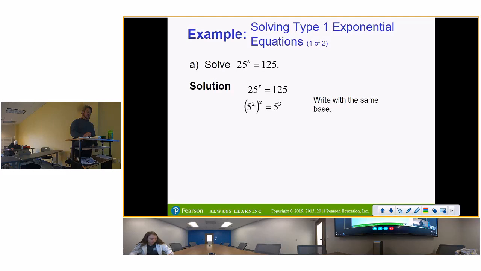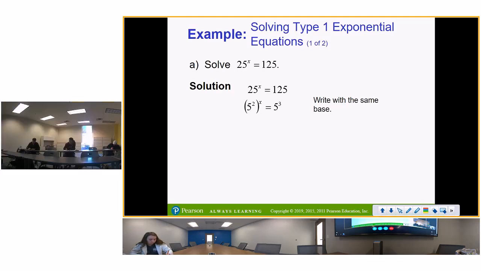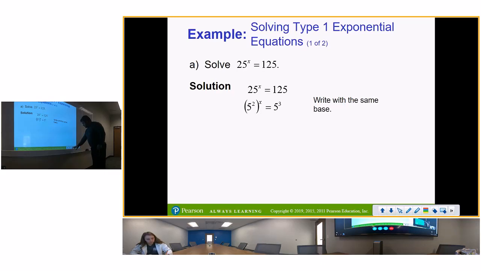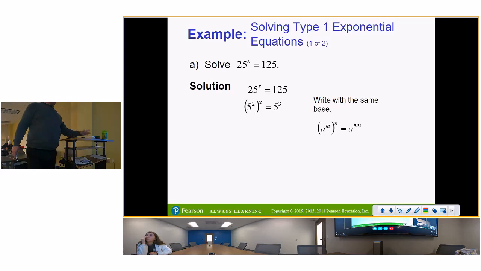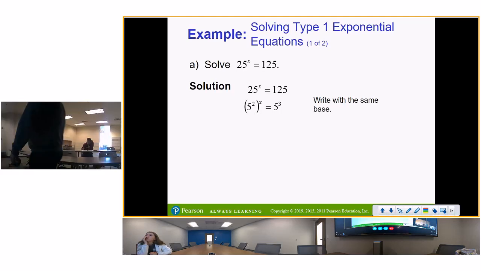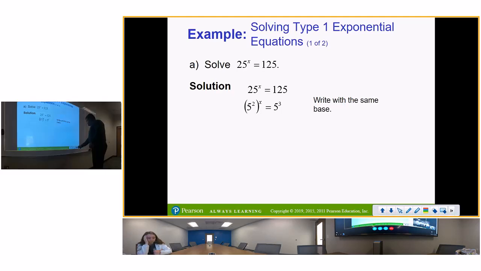Now, make sure you understand from here to here. I want everybody to understand this step right here.